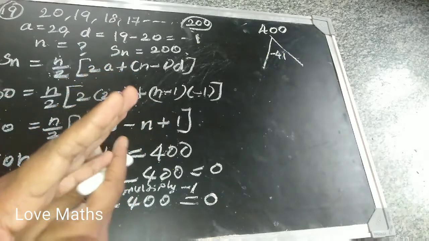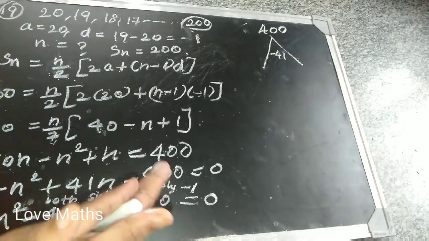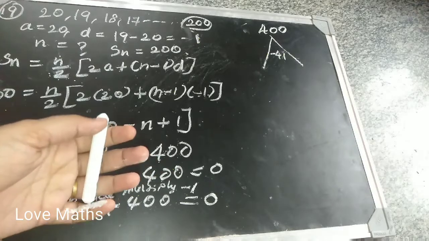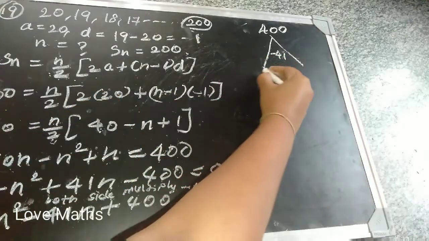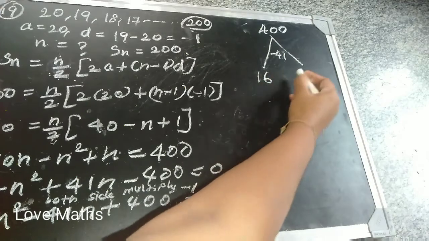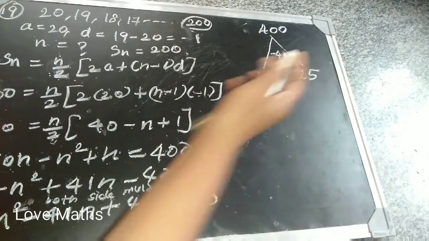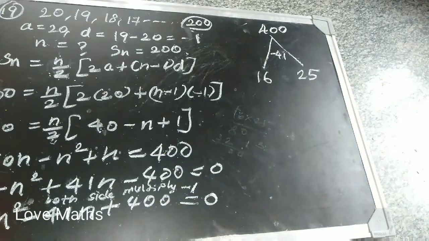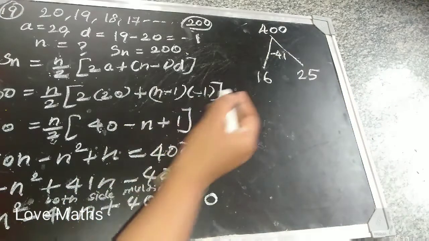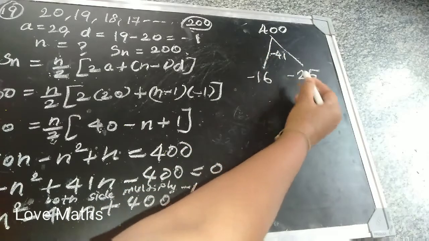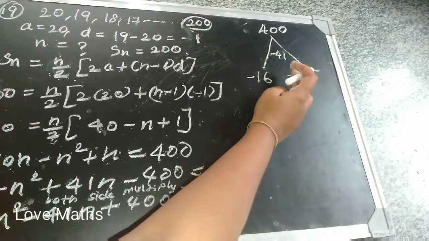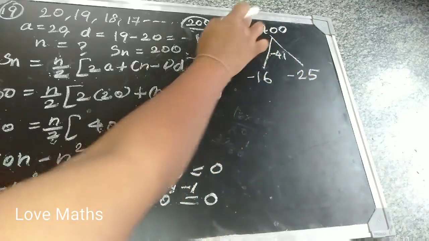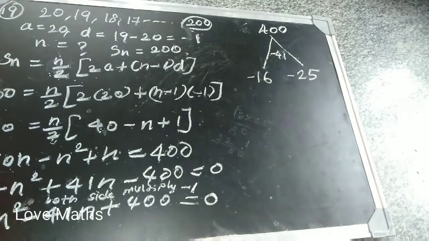What are the two number possibilities? You just have to think of those two numbers. The only possibility is 16 into 25. 16 into 25 is 400. But here negative means both are negative. Both are negative means add and write the same sign. In multiplication, minus into minus is plus, 16 into 25, 400.